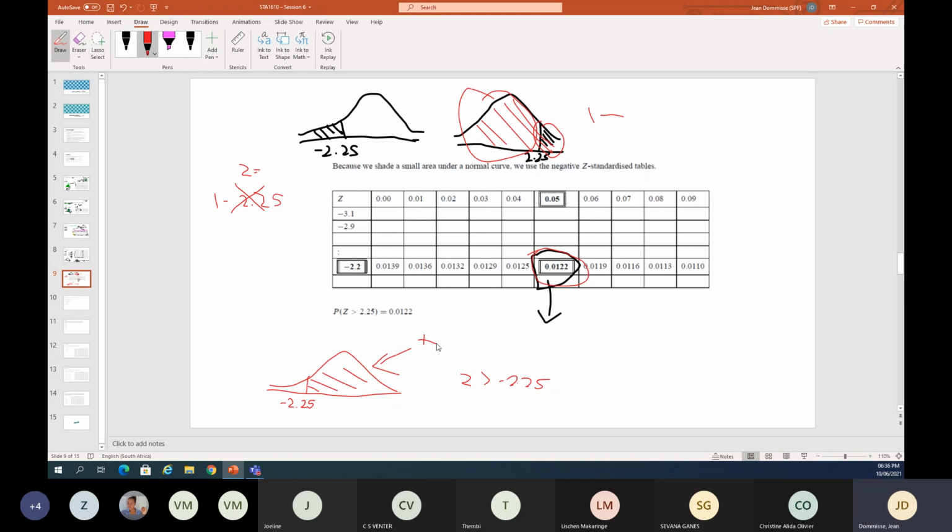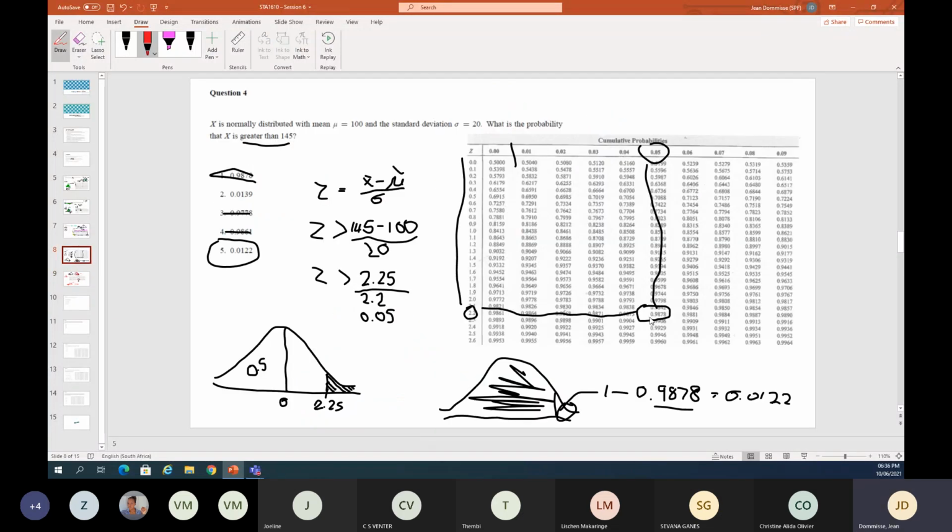So either or. So we could have now, if we needed to look for Z bigger than 2.25, we could have gone to this table again, to the 0.9878.